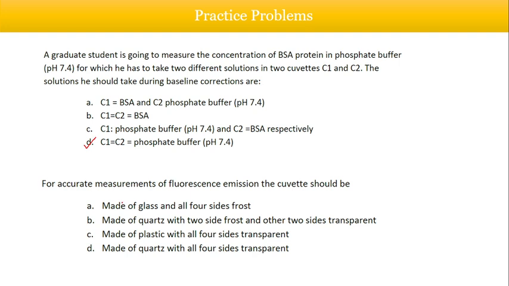Therefore, the correct option is D: it has to be made of quartz with all four sides transparent. So this is another thing which you should keep in mind about the cuvette.